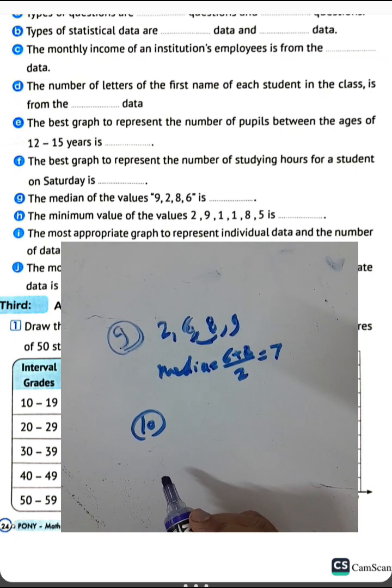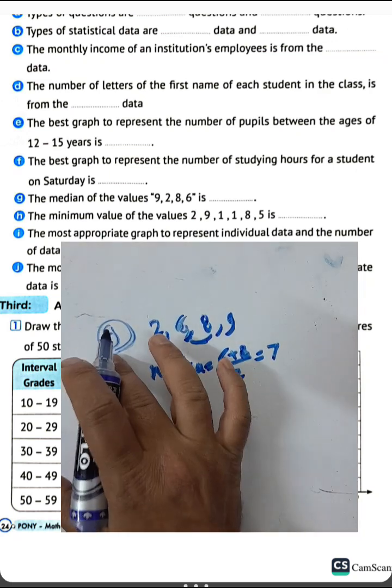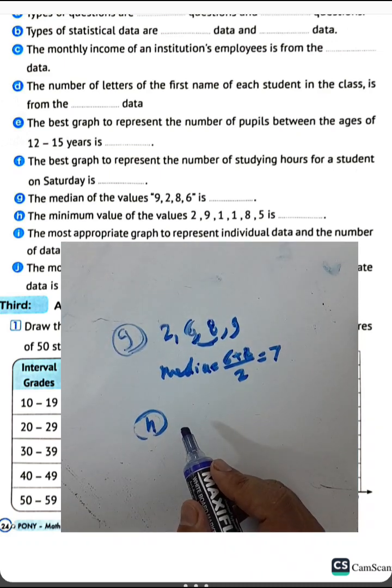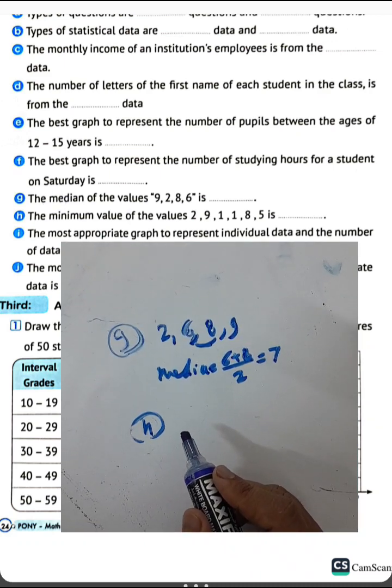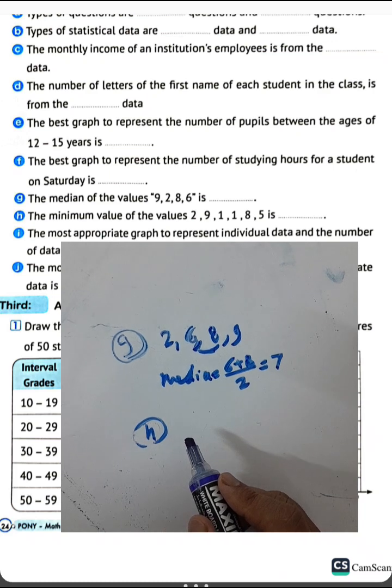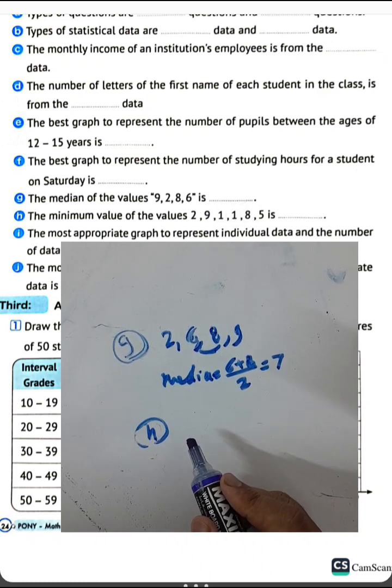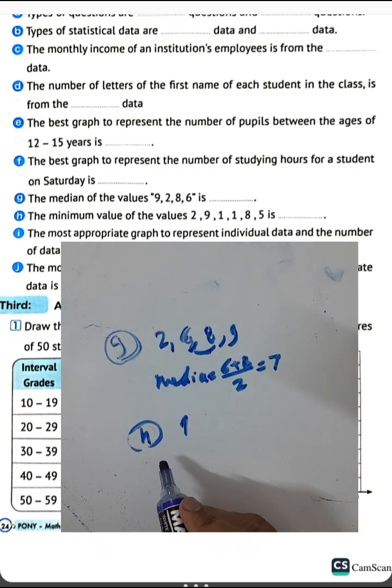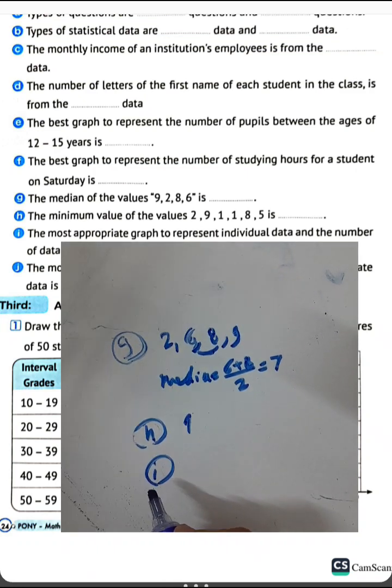Question number 10, it will be J. And question letter H, the minimum value of the values 2, 9, 1, 1, 8, 5. We asked about the minimum. It will be 1, the smallest number here.